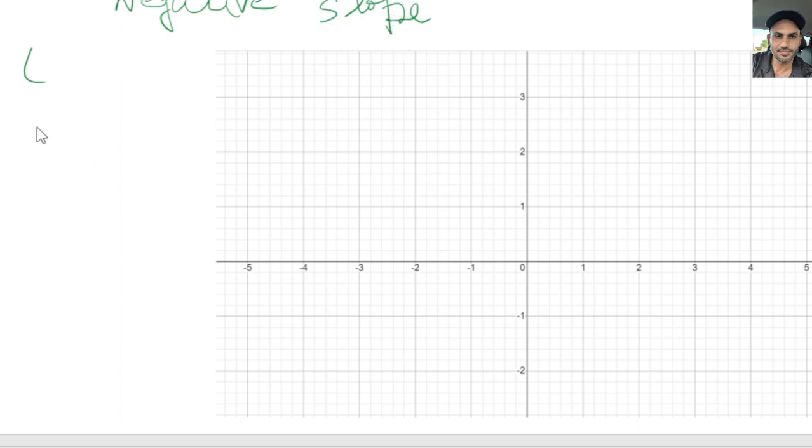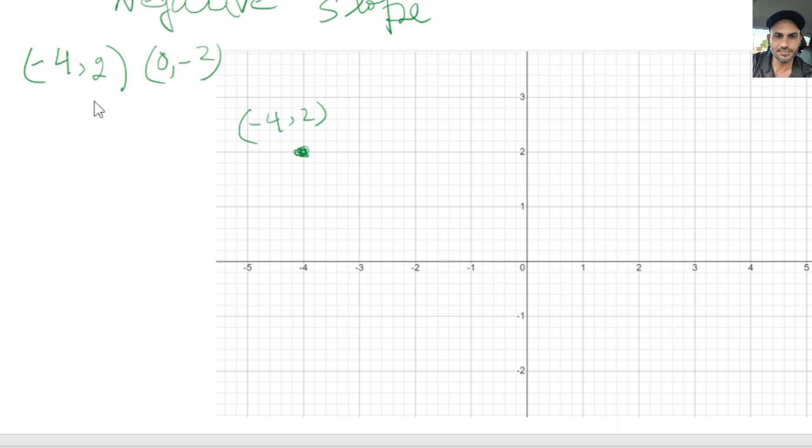Negative slope. So if we have a point which is negative 4, comma 2, and then another point which is 0, comma negative 2, we want to plot these 2 points and then find the slope of the segment that connects them. So negative 4, comma 2 goes right here, in the second quadrant.